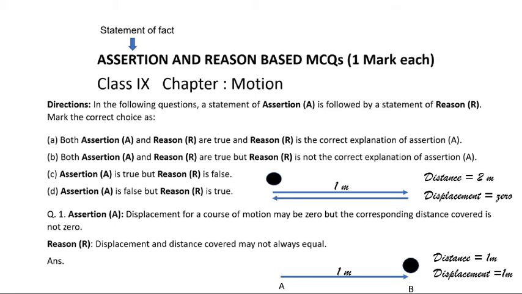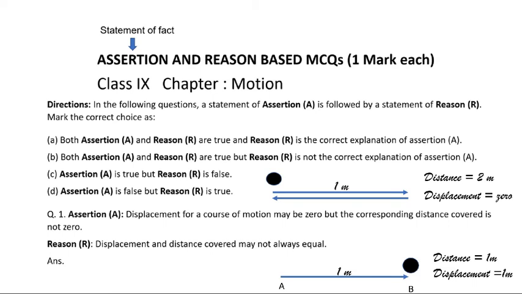The first option: both assertion A and reason R are true, and reason R is the correct explanation of assertion A. Now what we have to think is, is this reason R, displacement and distance covered may not always be equal, the correct explanation for the assertion A? Take a pause and read.